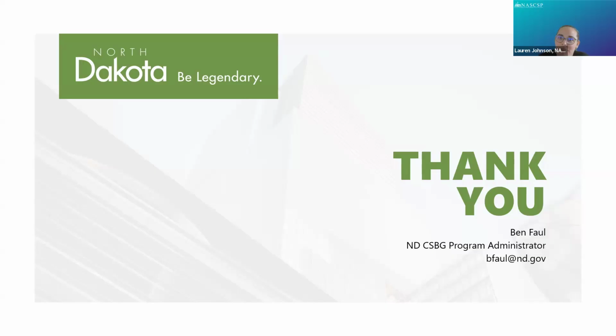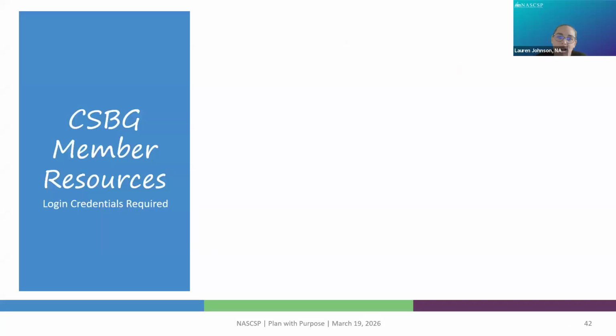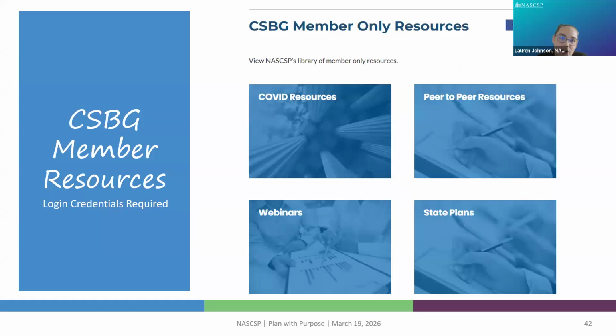All right. Seeing no questions, I'm going to move forward through some resources that are available. Hopefully you all have member login credentials. If you don't, please email me and we will get you hooked up. Once you get your logins, you're going to come to the member resources page, and then you're going to see that state plan page there.